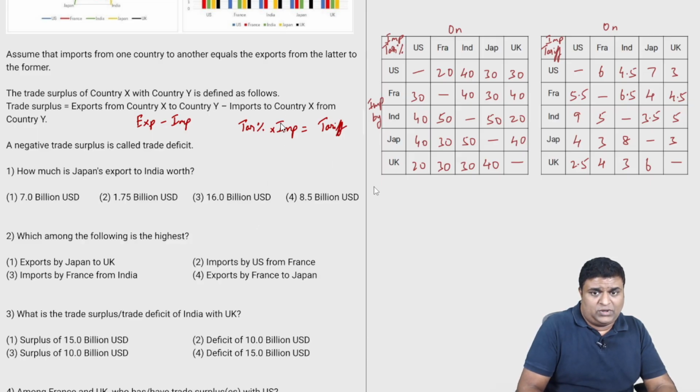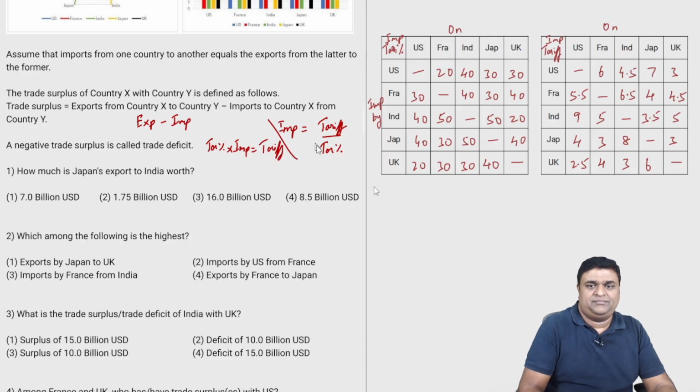Then what is import going to be? Import is nothing but tariff divided by tariff percentage. That's it, right? You can also write it once again, tariff percentage, just for your understanding, into import equals tariff. They're one and the same, whichever way is going to help you.